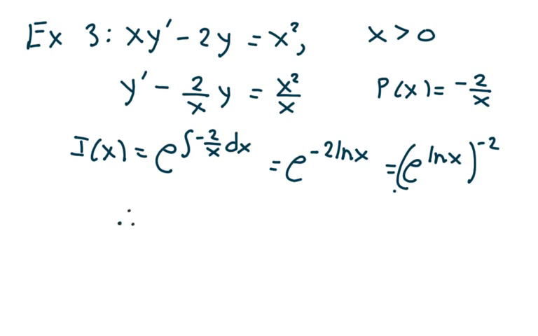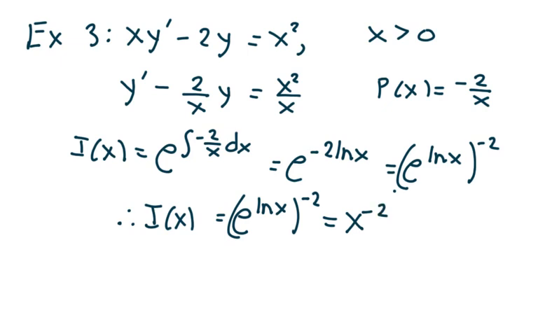And so, therefore, I of x is e to the natural log of x to the negative 2, but e to the natural log of x is just x. And so this is x to the negative 2, right? And even better, I'm going to write this as 1 over x squared.